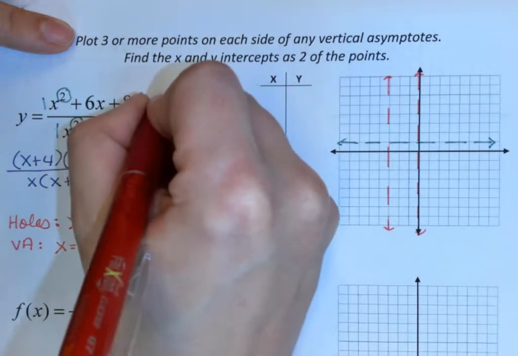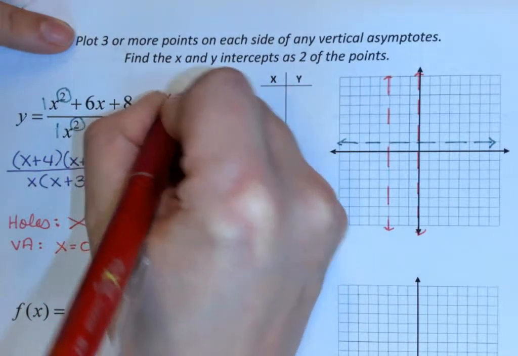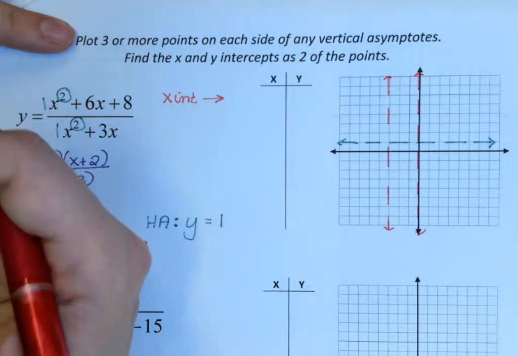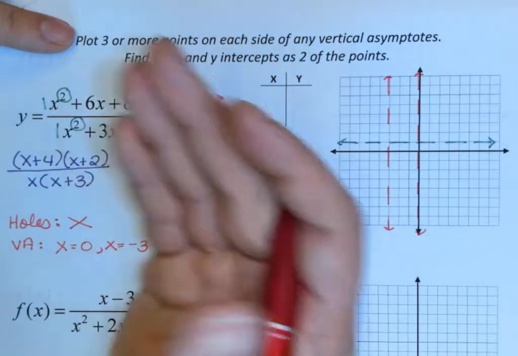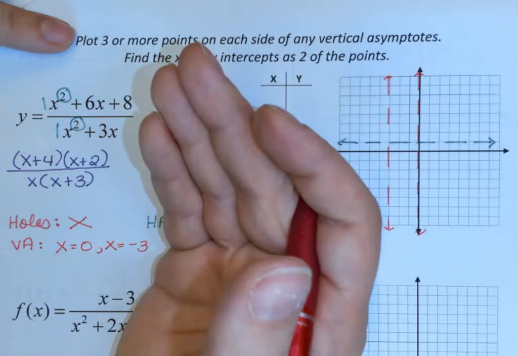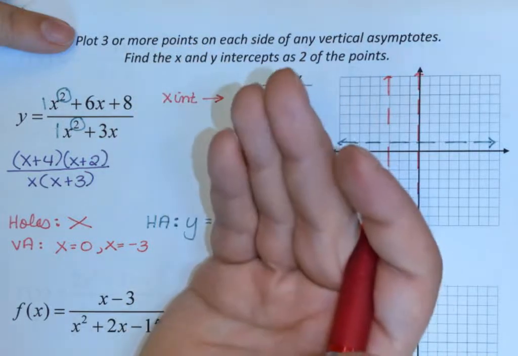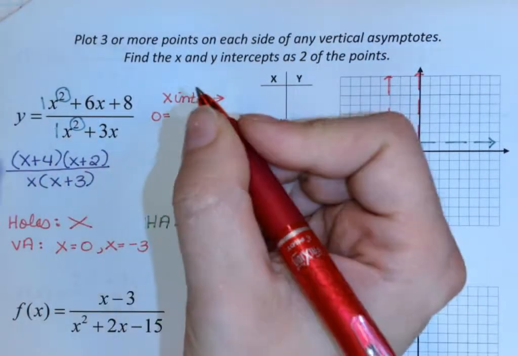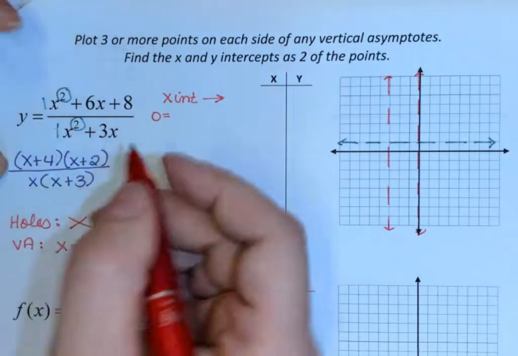So how do I find an x-intercept? What do you do to find an x-intercept? Yeah, because what are you doing? X-intercept, you put something in for something. Y is 0. X-intercept, you're going to put y equals 0. And really, you can just deal with the numerator.